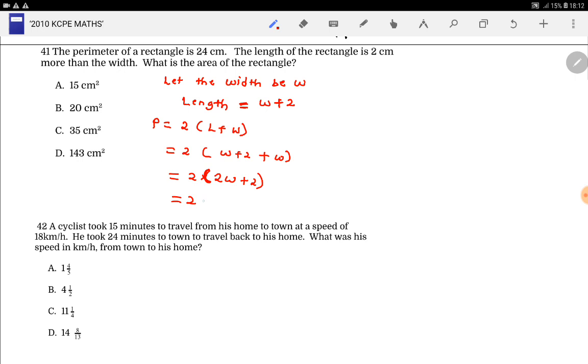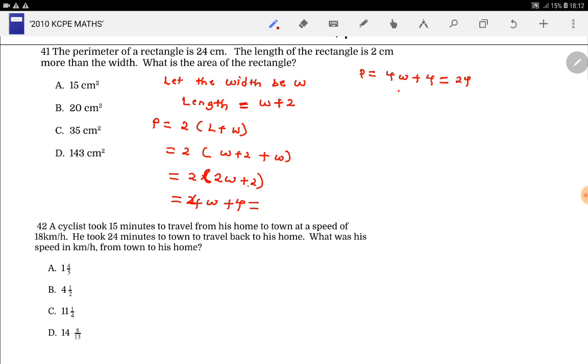So we have 2 times 2W is 4W, plus 2 times 2 is 4, and this is equal to the perimeter. So perimeter is equal to 4W plus 4, but this is equal to 24.